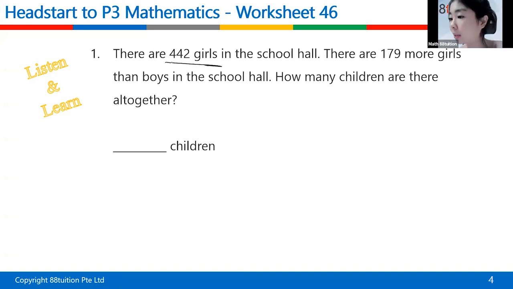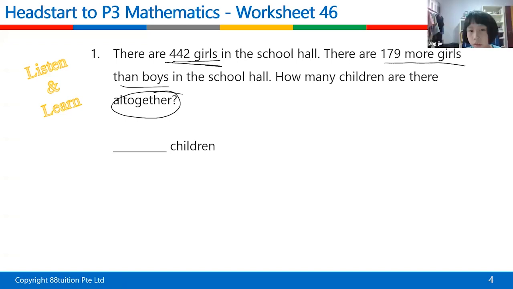Okay, so we have this information, and we need to find all together. So first, what is the first step before we can find all together? We need to find how many boys are there to find the total.